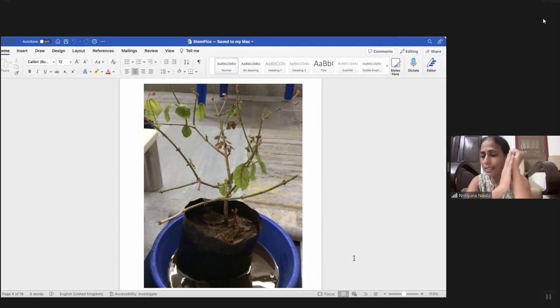It grows upwards, transports water and minerals and food. And it also helps in positioning the leaves so that the leaves get maximum amount of sunlight. Today, let's look at the parts of this stem.